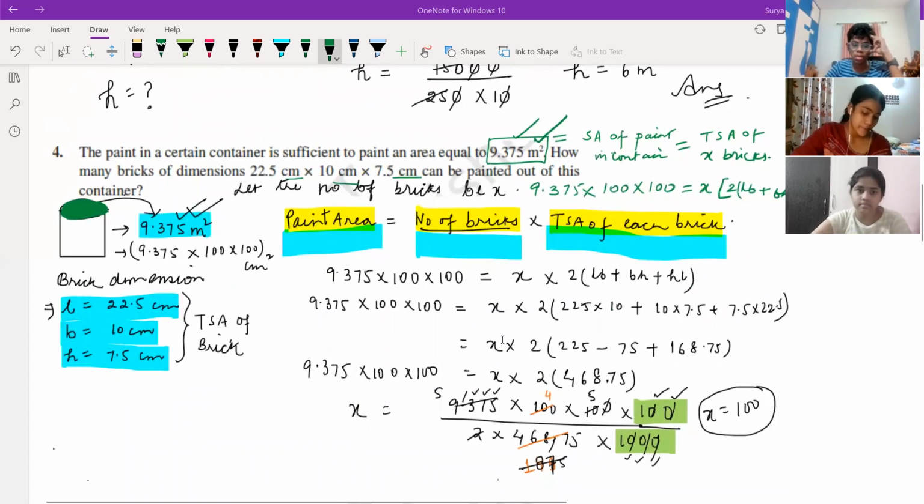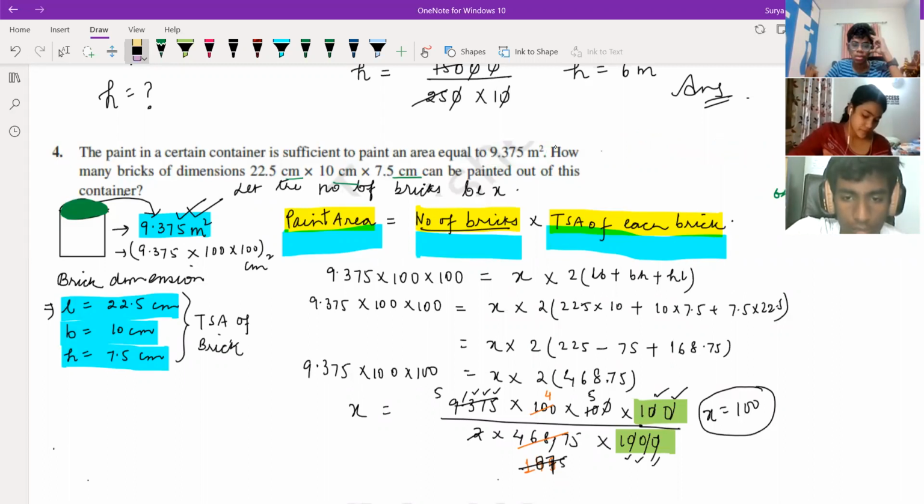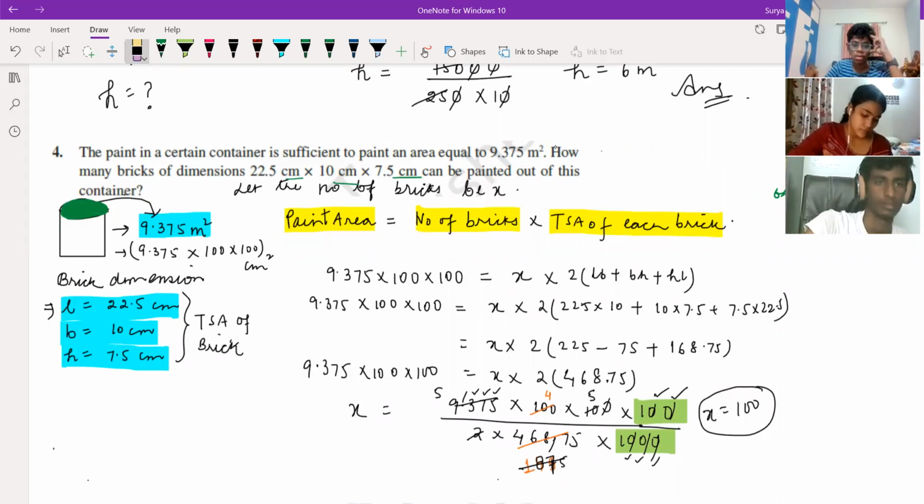See, these are the calculations we have to do here. Anyone who is not able to understand this?